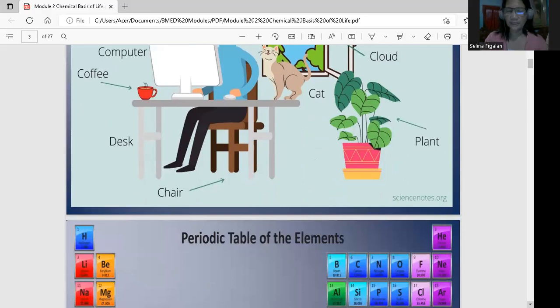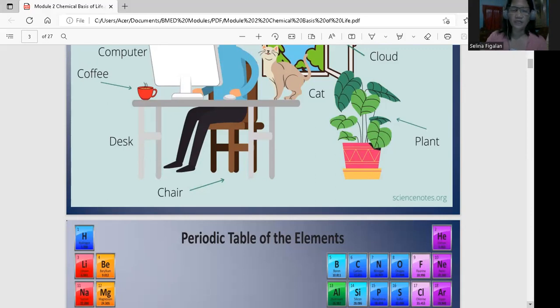I don't want to explain the states of matter, okay, about the solid, liquid, gas, and plasma, the phases. But matter is a start of an element. All the living organisms here, all the materials here, are made up of elements.